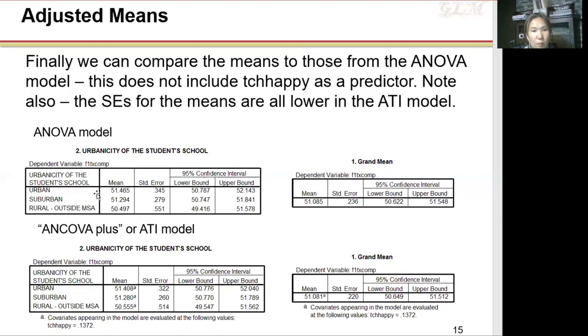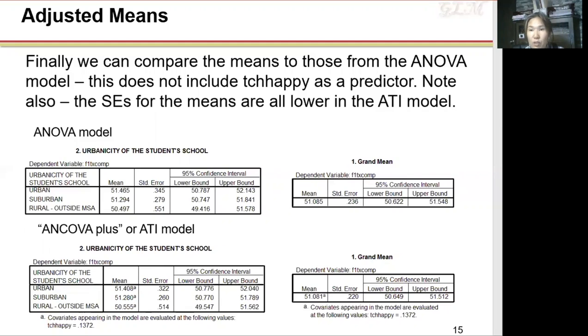So this is the ANOVA model. So ANOVA, 1, 2, 3 groups, ANOVA mean. Okay. And this is the ANCOVA or ATI model. So in this case, we have a common mean for the covariate.